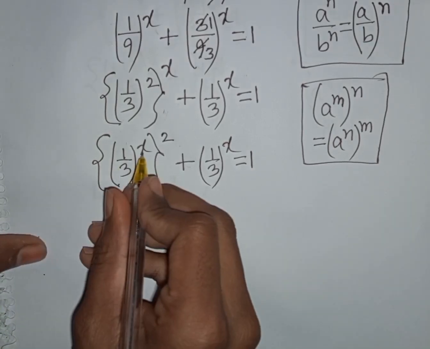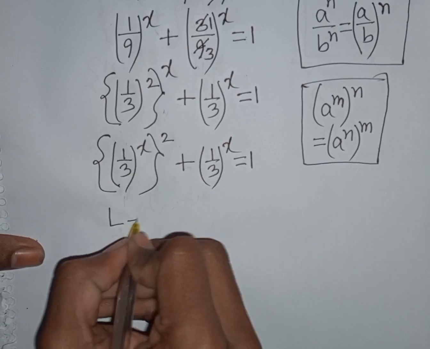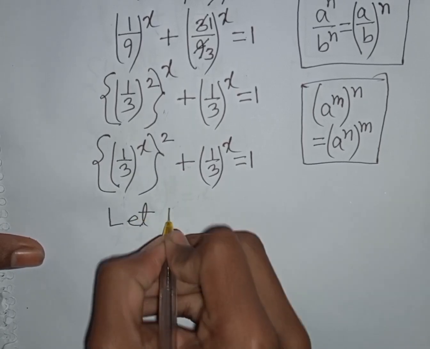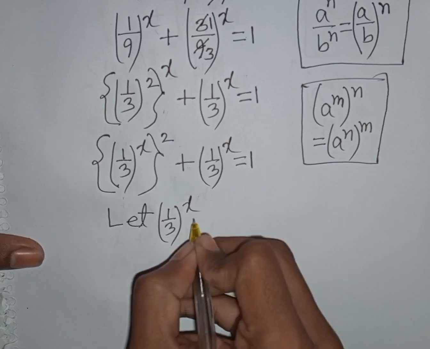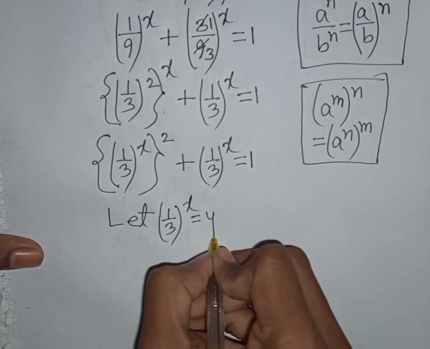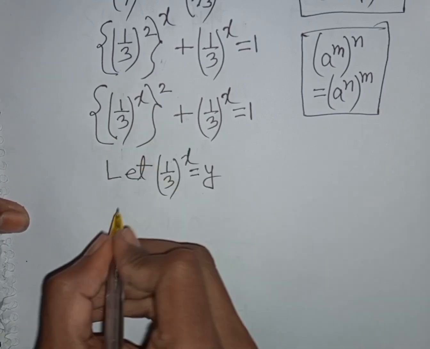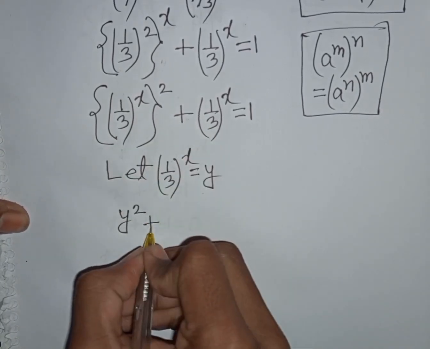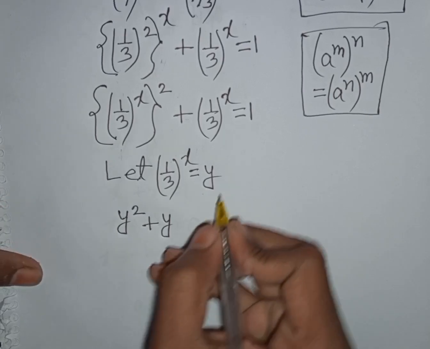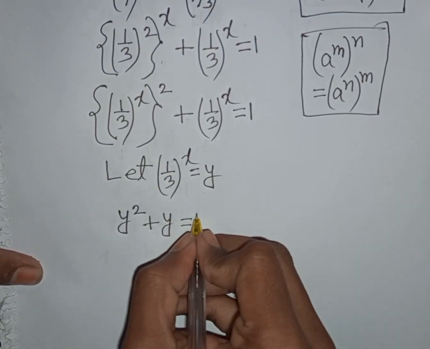Now we see 1 by 3 bracket power x, 1 by 3 bracket power x, both terms are the same. So let 1 by 3 bracket power x be substituted by y. So our equation will be y square plus y is equal to 1.